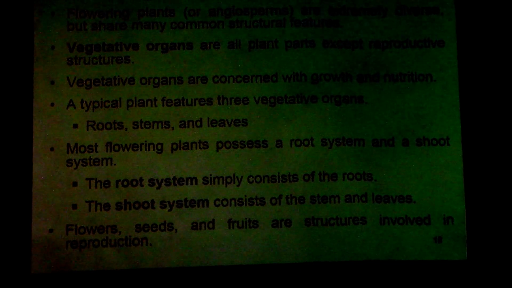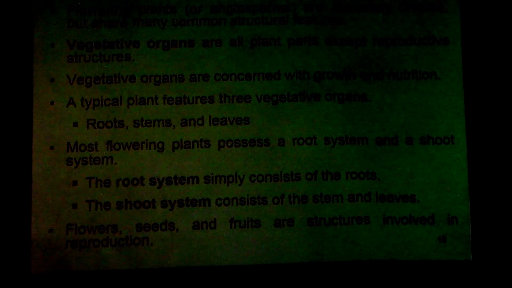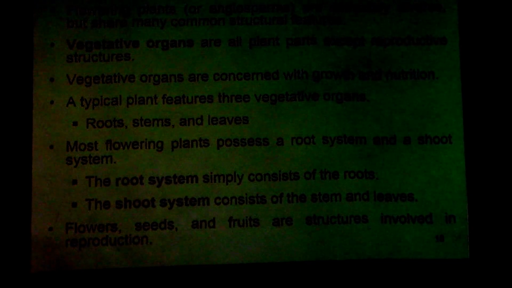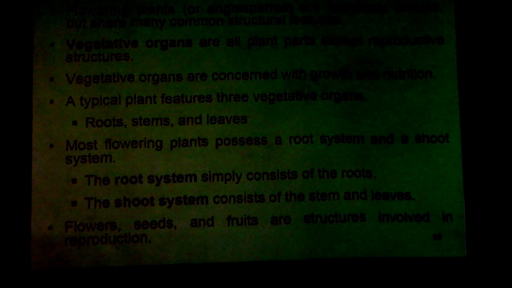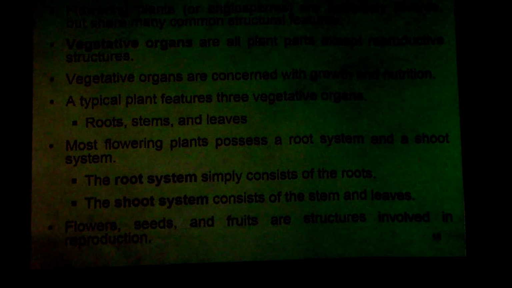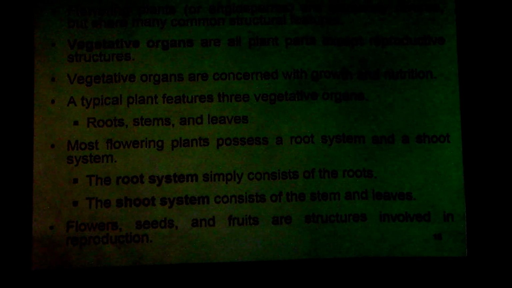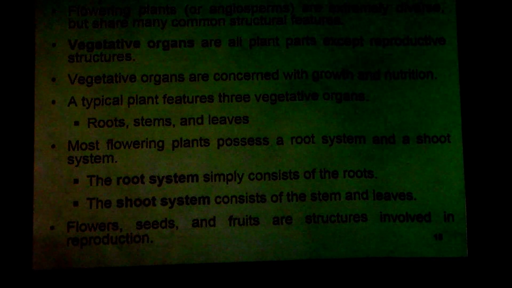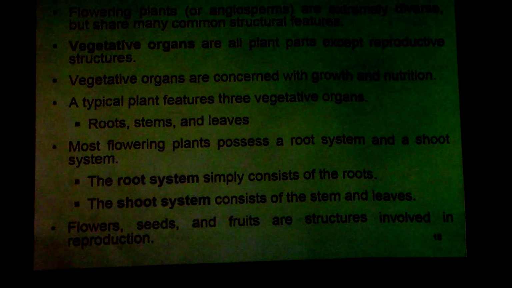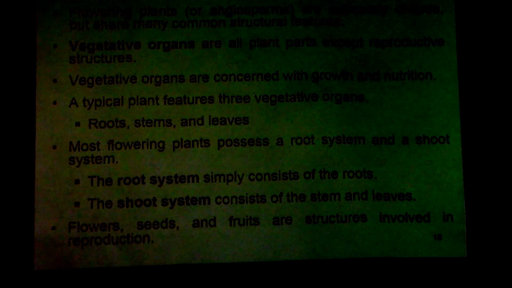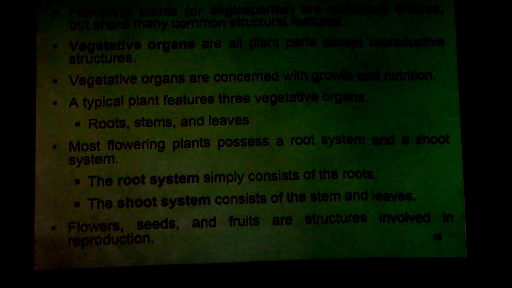Could there be any exceptions to that rule, that roots are always inside the ground? Could there be some roots in the air? Yeah. Have you seen any? Yeah, cypress trees. Yes, that's right.